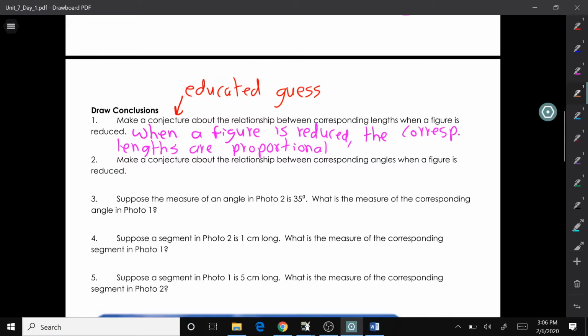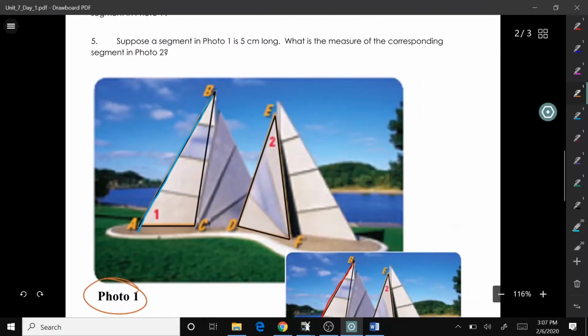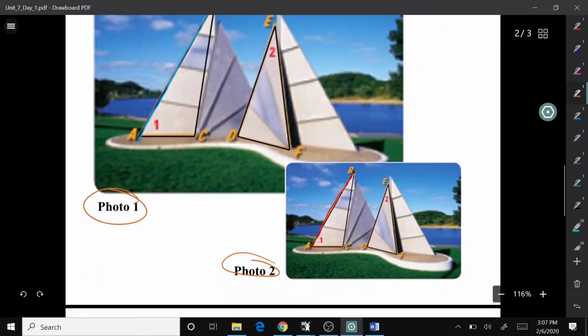Now, make a conjecture about the relationship between corresponding angles. Well, the angles were the same in each figure. So the corresponding angles are congruent. Remember, corresponding just means that it matches up. So angle 1 and angle 1 in each picture are corresponding.